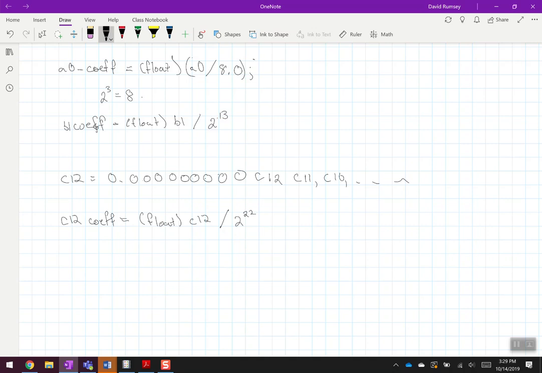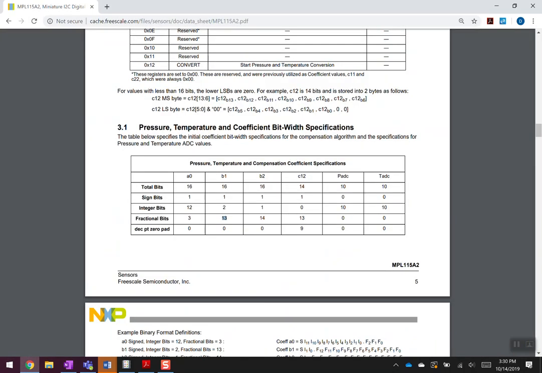Now, oftentimes in programs, you don't have to necessarily do these conversions. In other sensors, it will just say, hey, I'm returning a 16-bit integer. And so all you have to do is read that in, and there's nothing you have to do. Or sometimes they'll say, okay, it returns a floating point number, and so you just have to read it in and cast it as a floating point number. But in this particular case, with the coefficients, the data sheet told me, hey, there's some special things I have to consider.